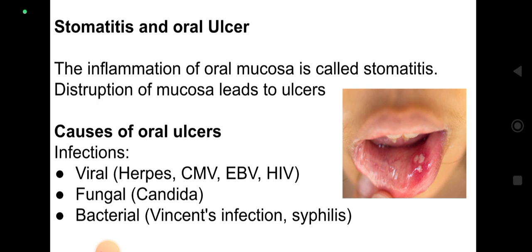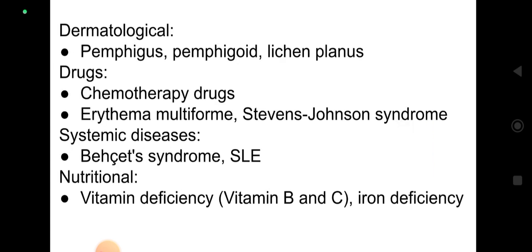In Vincent's infection, there are painful, sloughing deep ulcers which primarily involve gums. Dermatological causes like pemphigus, pemphigoid, and lichen planus cause oral ulcers.